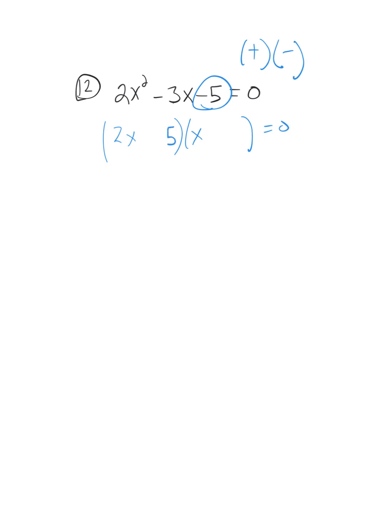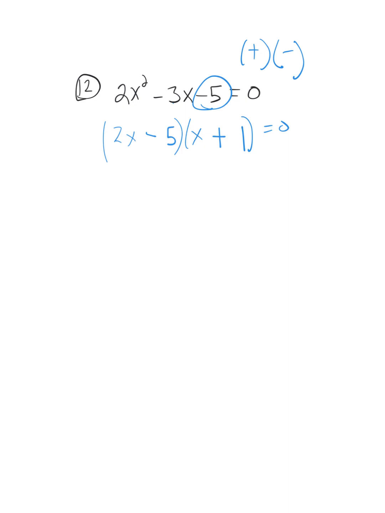So I'm going to put the 5 times 1 here. If I put the -5 there and a positive there, when I multiply this, that gives me a -5x. When I multiply that, that gives me a 2x. That'll combine to make the -3x that we need. So I do have the correct factors, so this did factor.